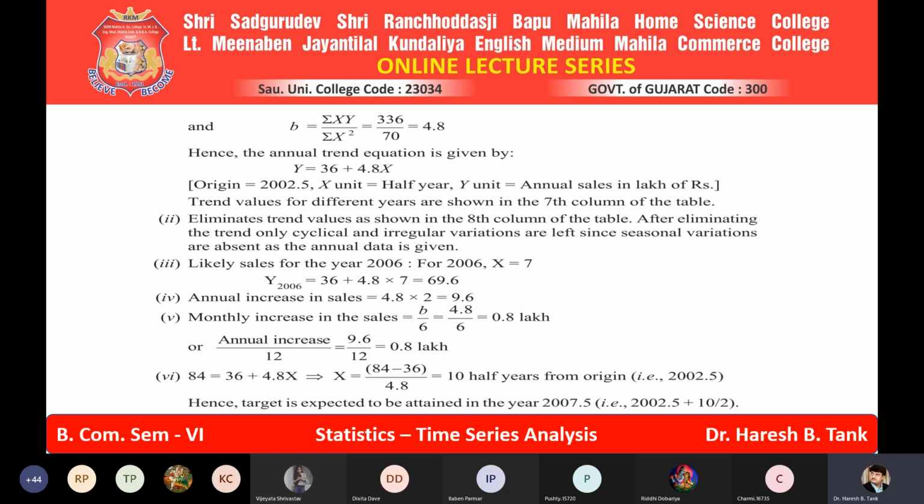Now, if your annual increase in cells is 9.6, then what can be the monthly increase in cells? The monthly increase in cells is nothing but this 9.6 divided by 12.